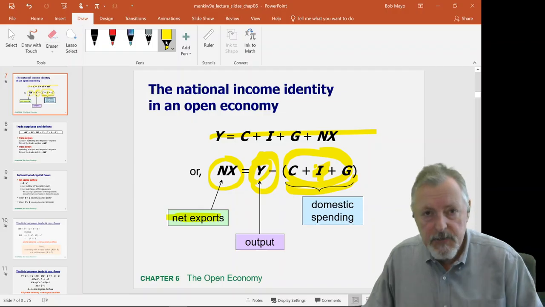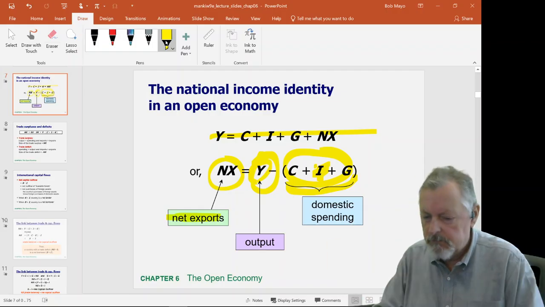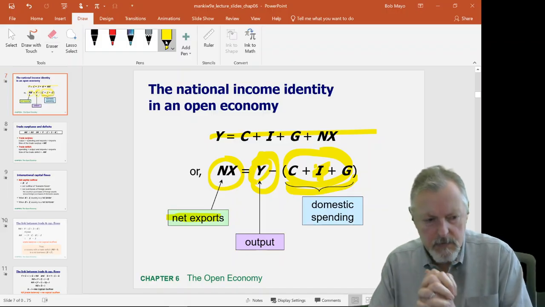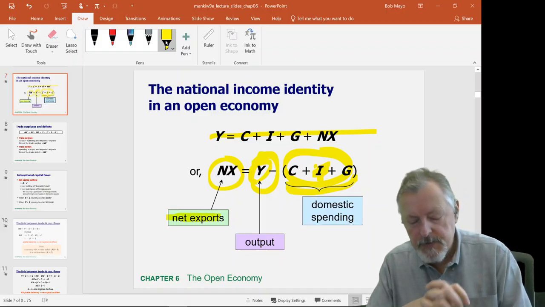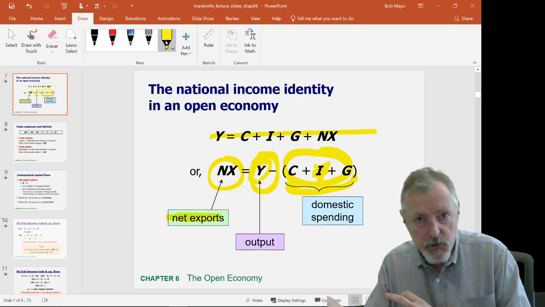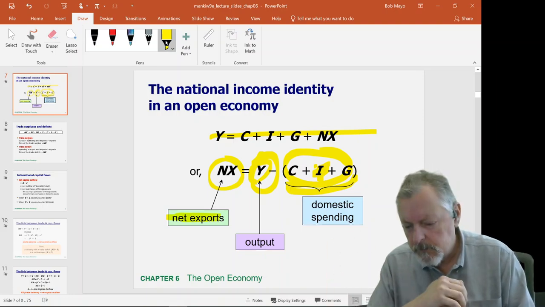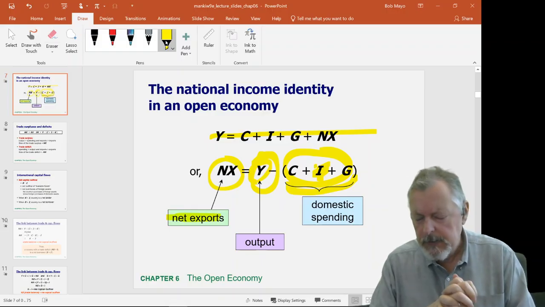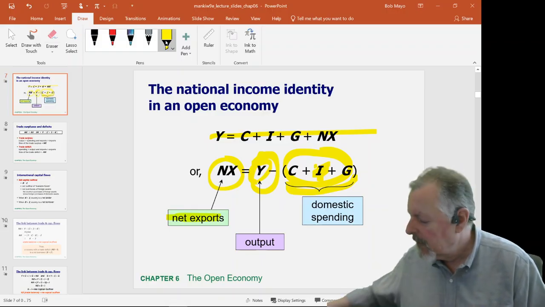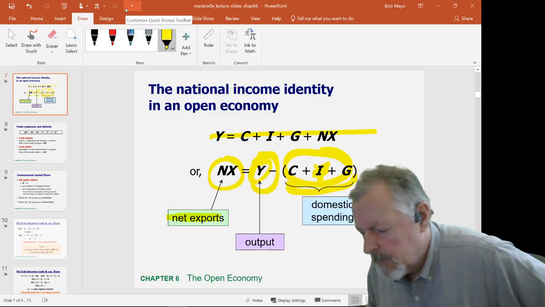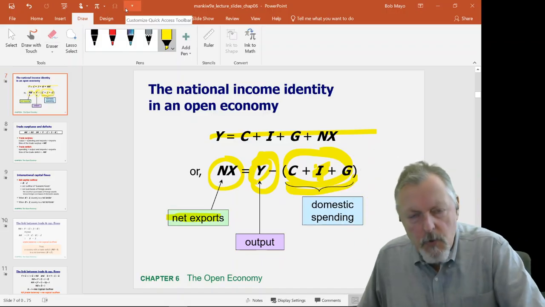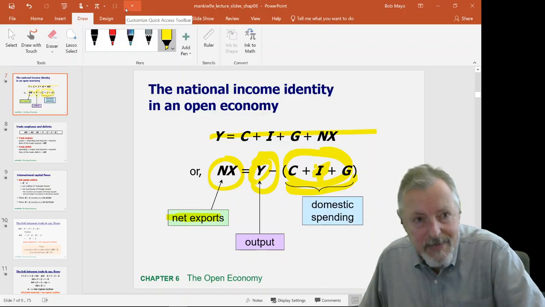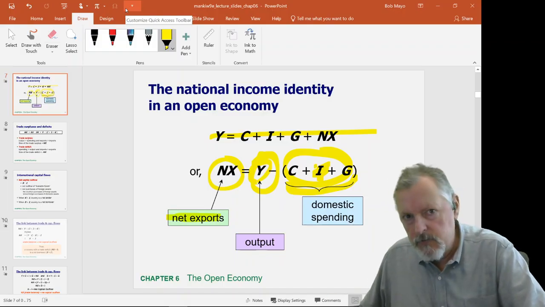Imagine there are only two countries, the United States and Germany. If you want to sell something in the United States to someone in Germany, that's an export. Well, we use the dollar. They use the euro, at least for now. So you don't want to get paid in euros. Euros are fine, but you can't pay your rent in Fargo in euros. You need dollars.